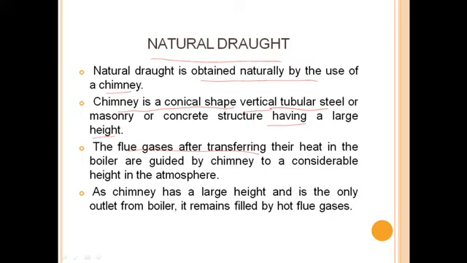As the chimney has a large height and it is the only outlet from the boiler, it remains filled with hot flue gases.